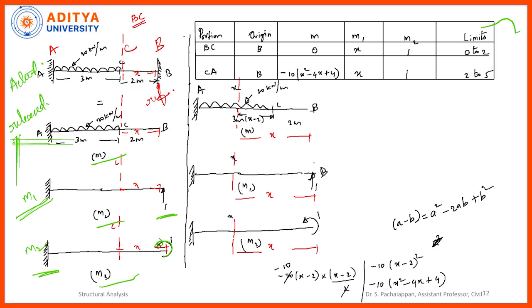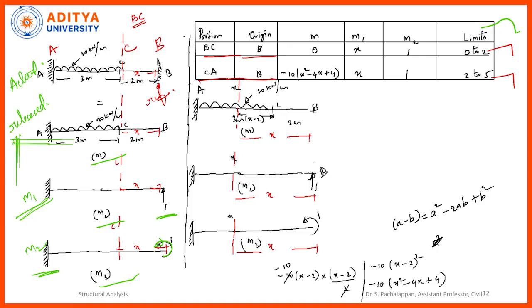So let's take the part B to C, origin I am considering B, and then let's take the part C to A, origin I am considering B. Now I am going to calculate the moment using the M diagram, M1 diagram, M2 diagram, and then limits. From B to C the distance is 2 meters, 0 to 2 meters. From the point C to A the distance is 2 to 5 meters. So these are our integration limits.